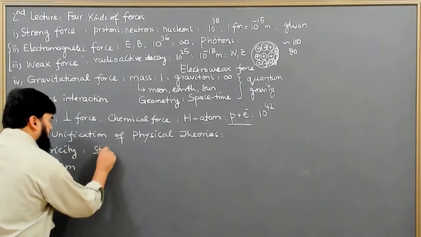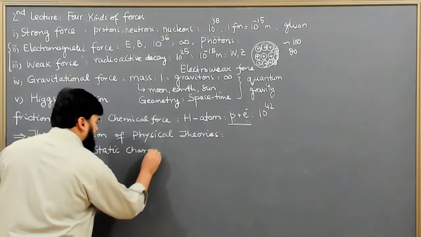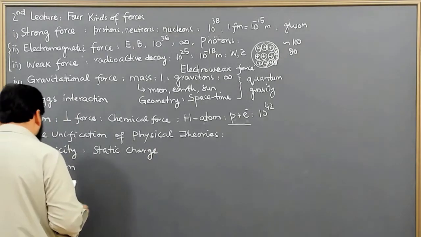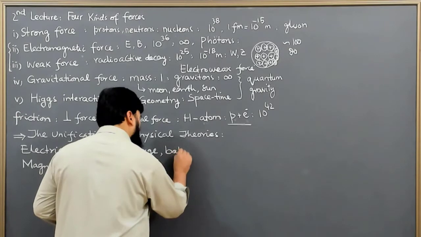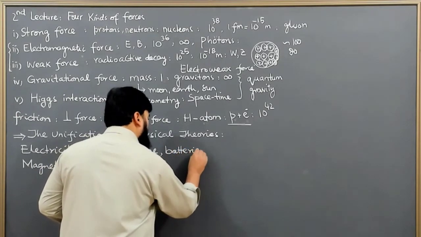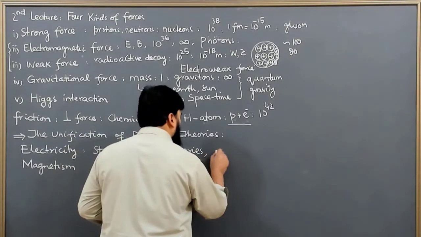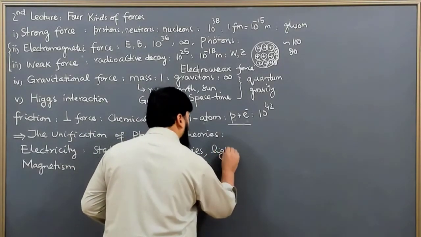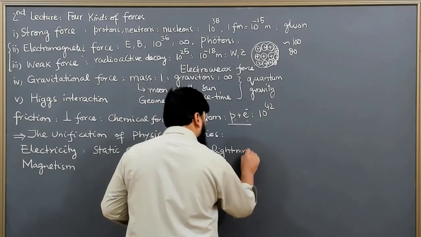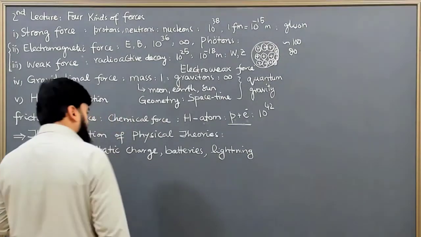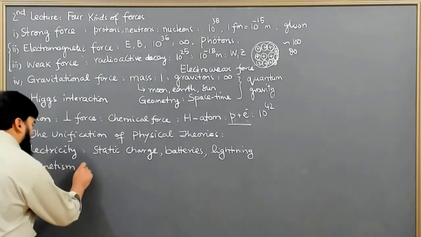Electricity was dealing with static charge, like charge on a glass rod or pith balls, the batteries, even currents and electrolysis and lightning. They were under the regime of electricity.